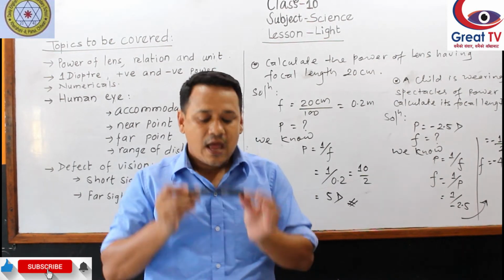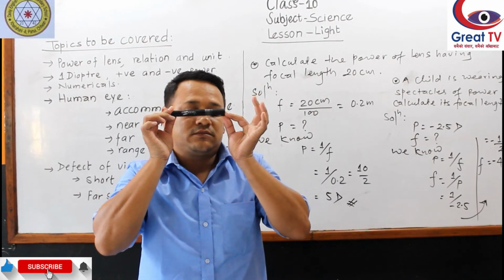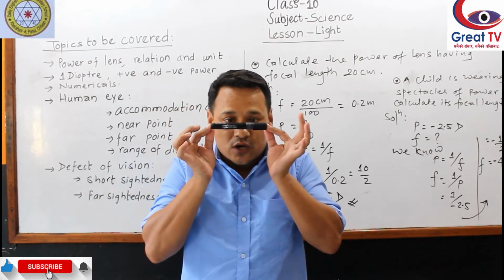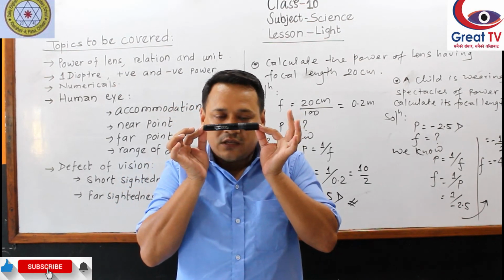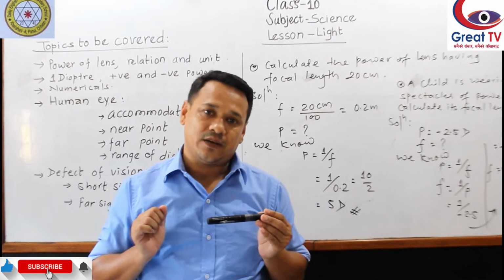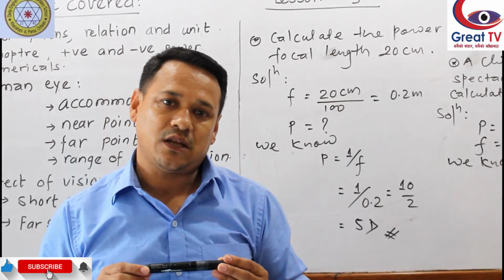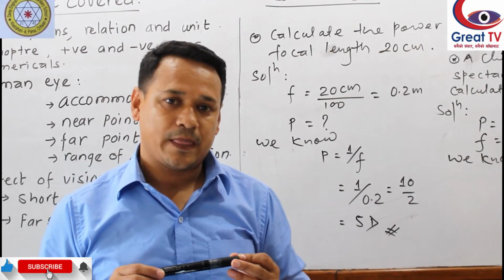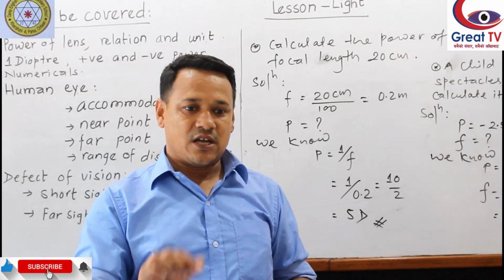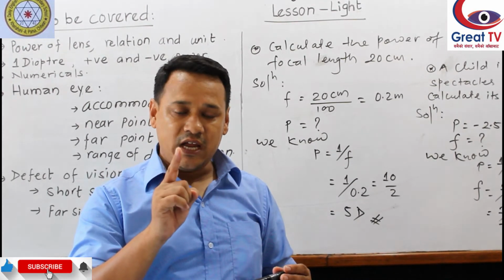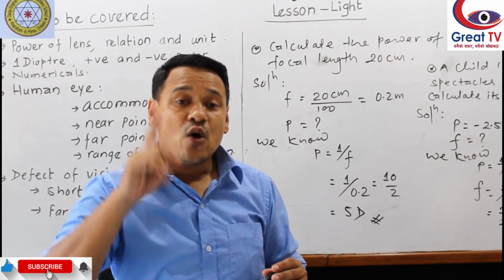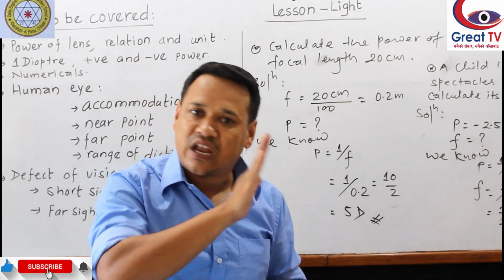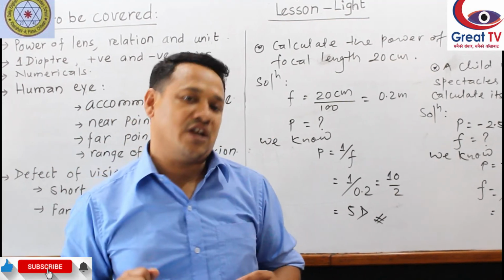You can say, I can see up to here. But it is wrong. If you look continuously at this near point, you feel strain and pain in your eye. This is not the near point. So near point is the nearest distance from the eye up to which we can see clearly without any strain, any pain.